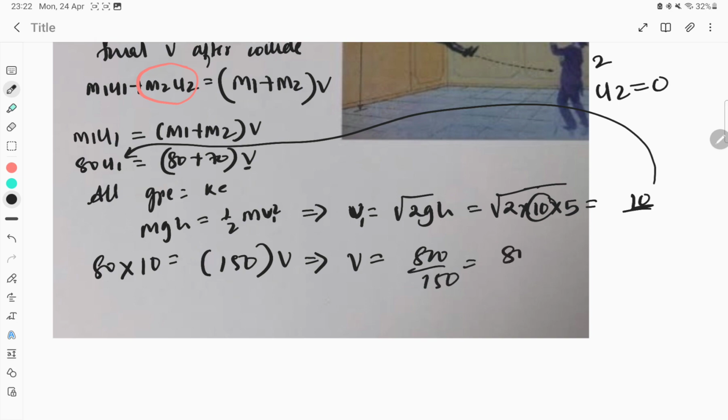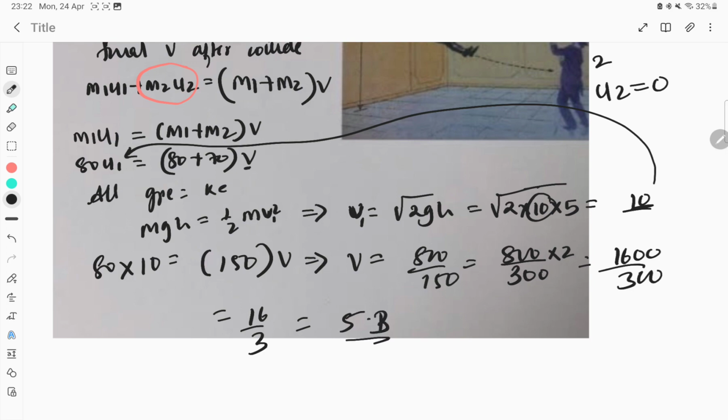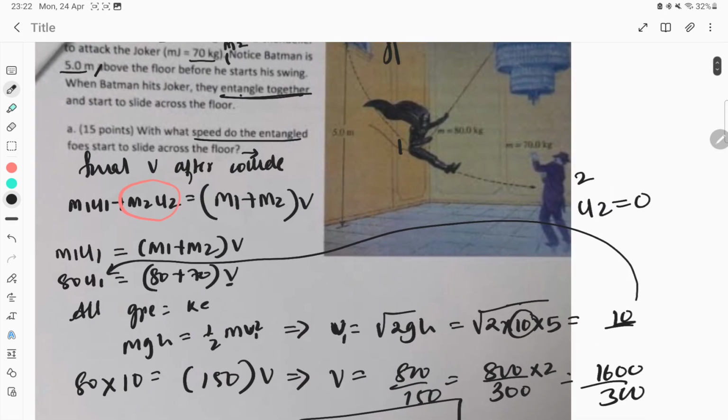Again, I don't have a calculator, just simple mathematics. 800 over 150 can be written as 1600 over 300, which is nothing but 16 over 3, which is 3 5s are 15, 1 carry, decimal, so 5.3 meter per second. So this is the velocity by which they both start to slide.